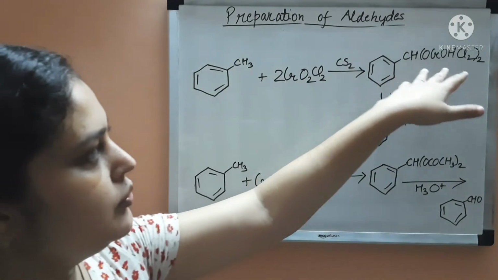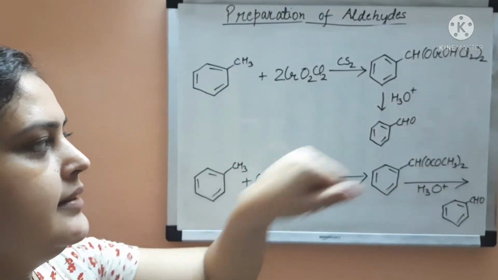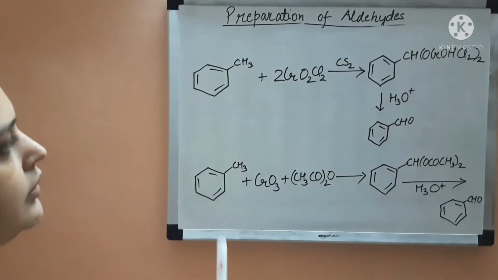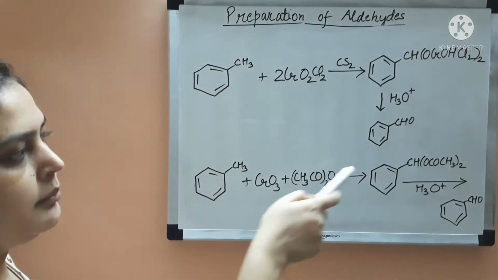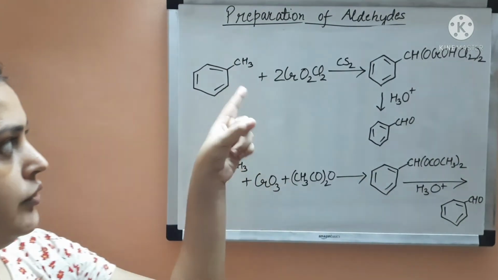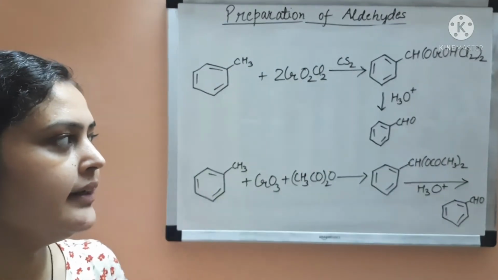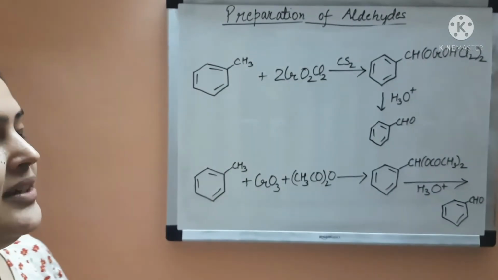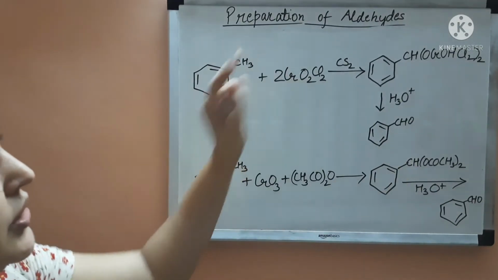First it makes the chromium complex, and then when you hydrolyze it, you get benzaldehyde. Here we are doing oxidation, but only to the aldehyde. If you use a strong oxidizing agent, you will get benzoic acid, but we want only the aldehyde. That's why we are using these reagents.